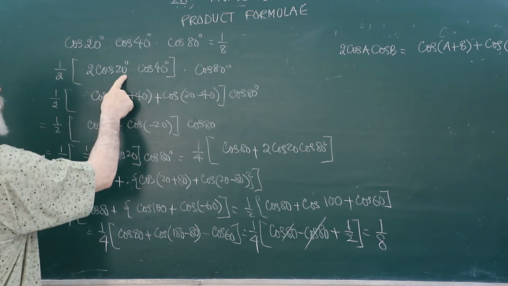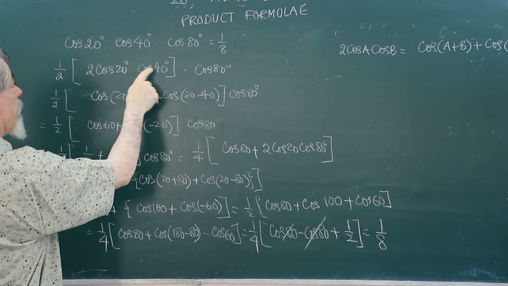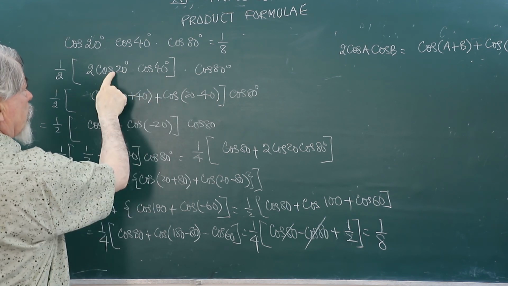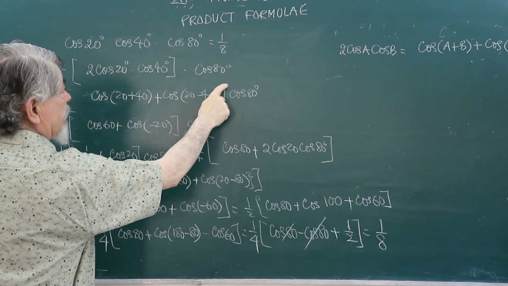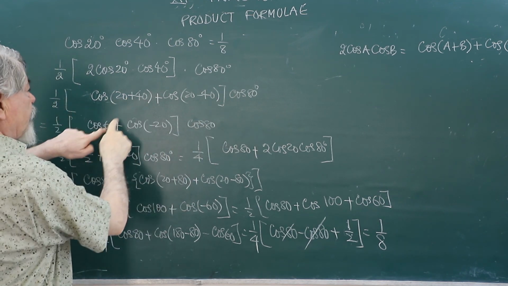So 2 cos 20 cos 40 gives cos (20 plus 40) plus cos (20 minus 40), and cos 80 is outside.